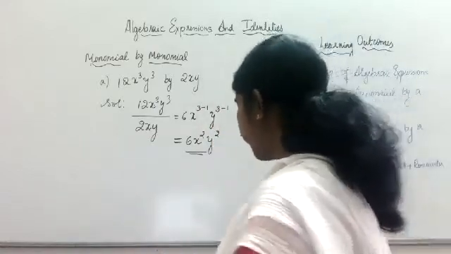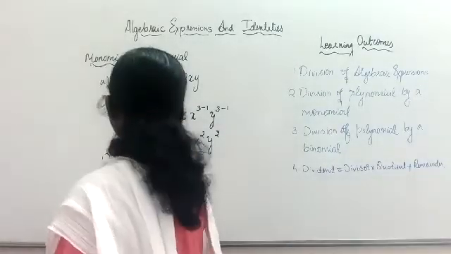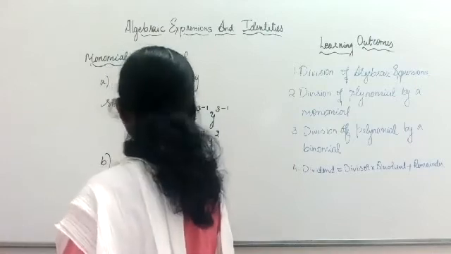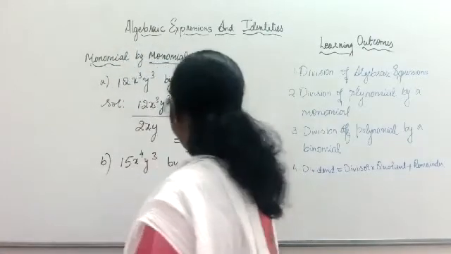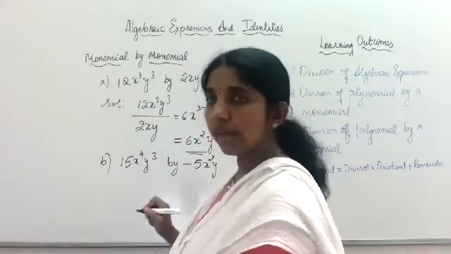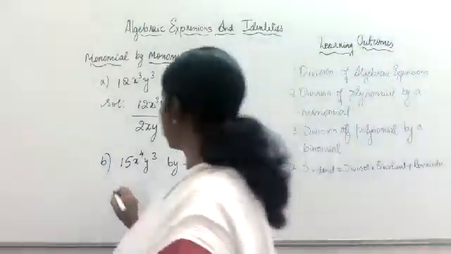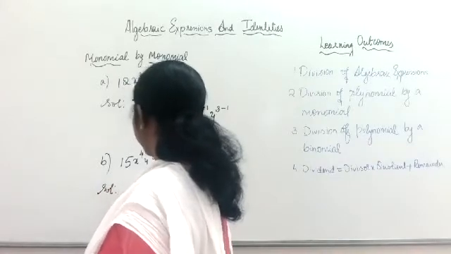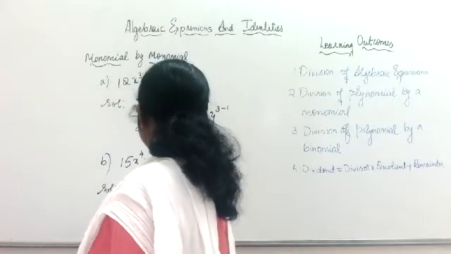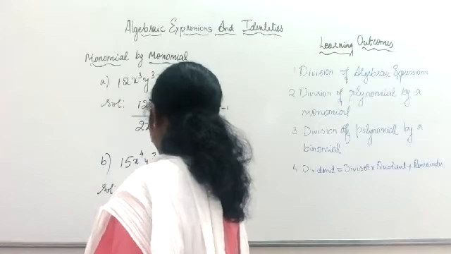So next we will do one more question. 15 x to the power 4 y cube divided by minus 5x square y. Solution: 15 x to the power 4 y to the power 3 divided by minus 5x square y.